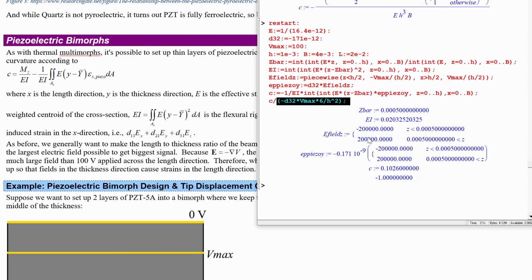You see the sorts of things that it depends on. Curvature doesn't depend on the length or the width, as it shouldn't. And when we've got a symmetric bimorph, the thinner you make it, rather than going inverse with H like things went before with the thermal bimorphs, the thinness of this cantilever will also lead to more electric field for the same voltage.